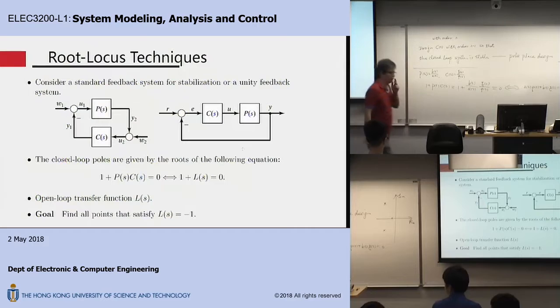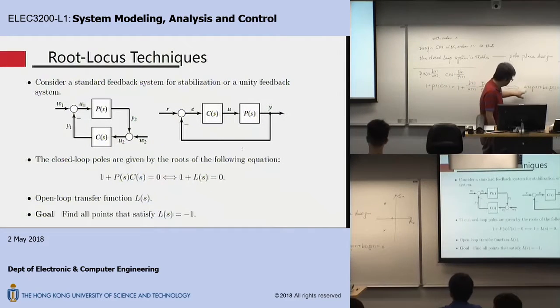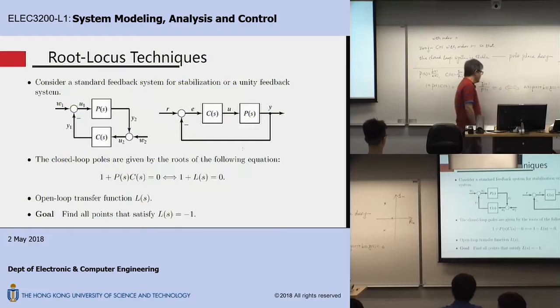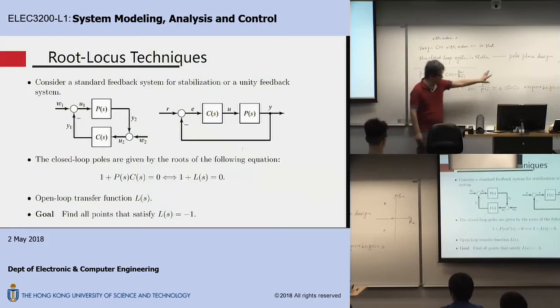This form is probably more familiar to us. We call this the closed loop characteristic polynomial. Sometimes you also write it the other way, so later on we're going to use both ways to talk about closed loop poles.